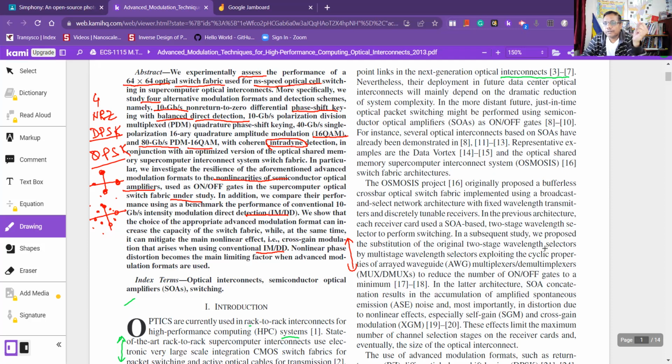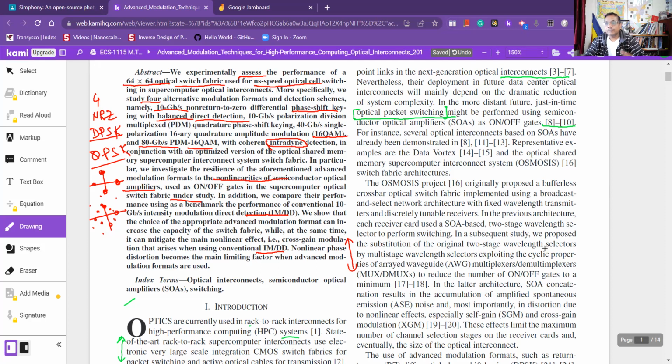Nevertheless, their deployment in future data center optical interconnects will mainly depend on the dramatic reduction of system complexity. In the more distant future, just-in-time optical packet switching might be performed using semiconductor optical amplifiers as on-off gates. References 8 to 10 talk about this optical packet switching. Electronics engineers, communication engineers, or network engineers are familiar with packet switching and how to realize it in the electronic domain.